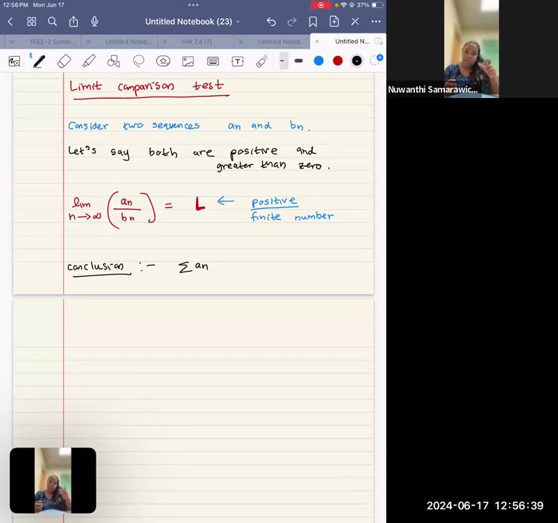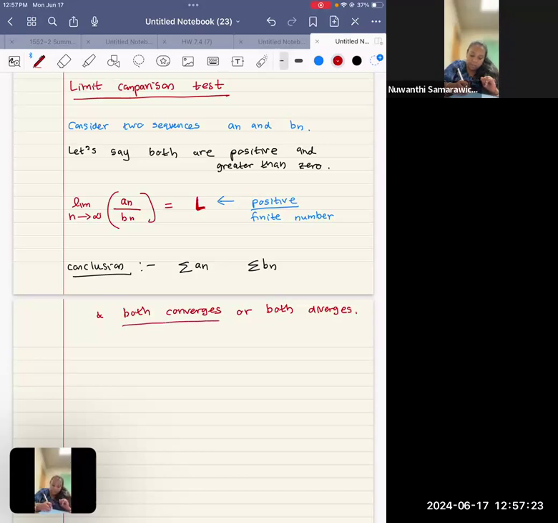And when you take the quotient of these two terms, a sub n divided by b sub n, when n approaches infinity, if you get a positive finite number, then for the two series we can say both converge or both diverge. When we do the example, you will understand.